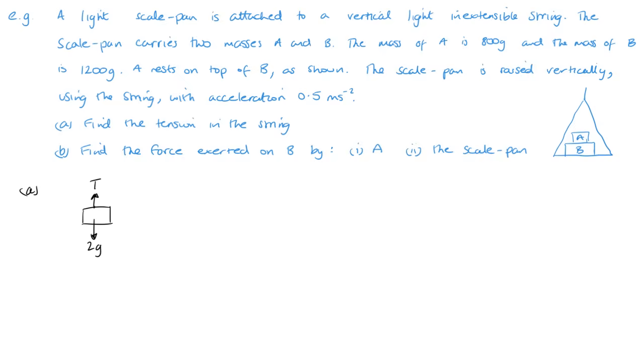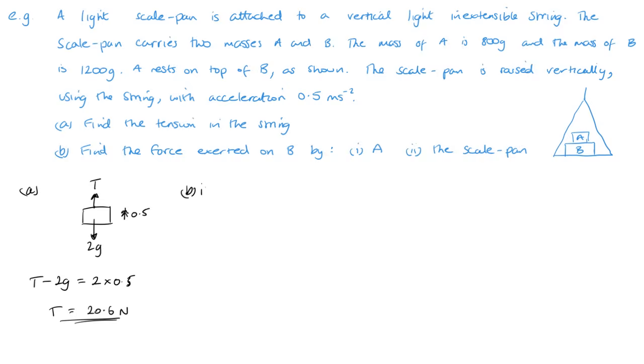Upwards is T for tension, and it is accelerating at 0.5. We've got to find the tension in the string. So T minus 2g, this is F equals ma, equals 2 times a half. So T is 20.6 newtons.